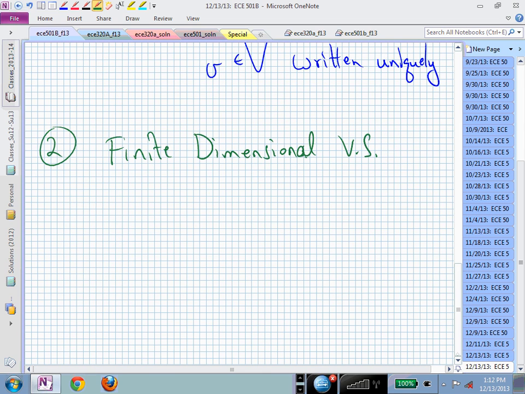That allowed us to introduce some new ideas, mainly what do these vectors span? Are these vectors linearly independent? Hopefully you remember what that means. If you add them up, the only way you can get 0 is for the coefficients, those scalars, to all be 0 for a set to be linearly independent.